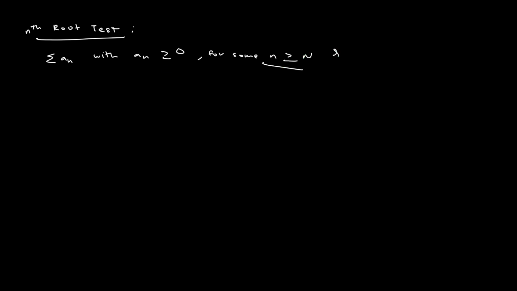And suppose that the limit as n tends towards infinity of the nth root of a of n, which comes in handy when the nth term in our sequence is determined by some power of n, so we can take the nth root, is equal to some value L.